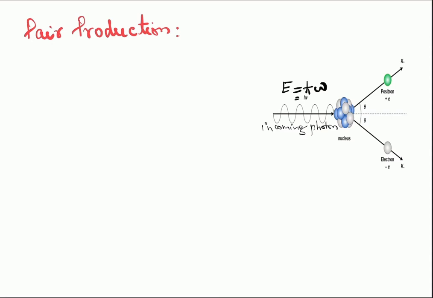So it is useless to attempt to explain pair production by means of classical physics, because even non relativistic quantum mechanics fails utterly to explain it.